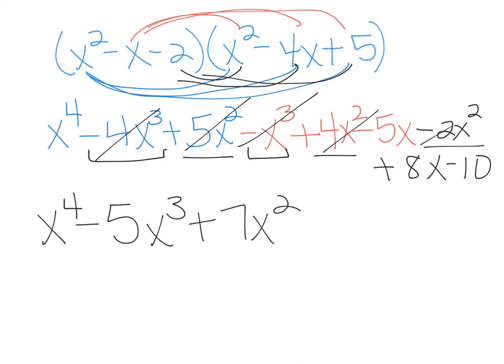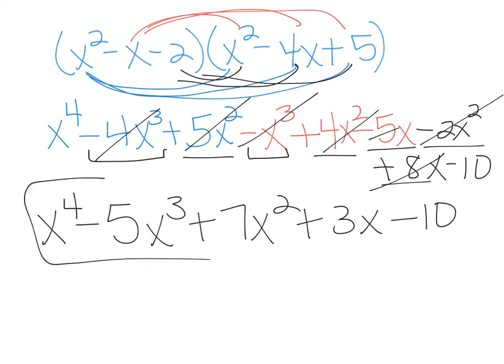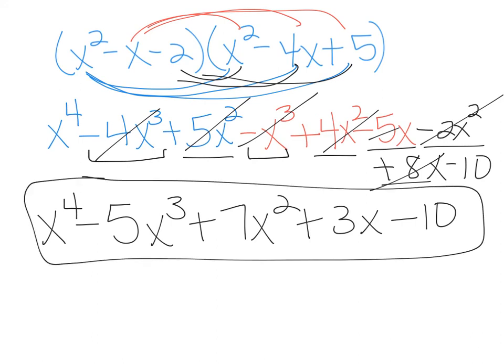And negative 5x and positive 8x gives me a positive 3x. And then obviously the constant is negative 10. So this is the polynomial function, we'll call it f of x, that has the zeros that were given to us at the beginning of the problem.